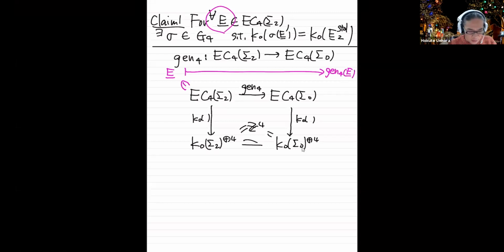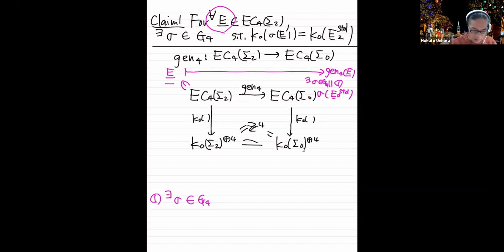But because of the transitivity result due to Kuleshov and Orlov on derived surface sigma 0, there exists sigma in G4 such that sigma of E0 bar is standard.